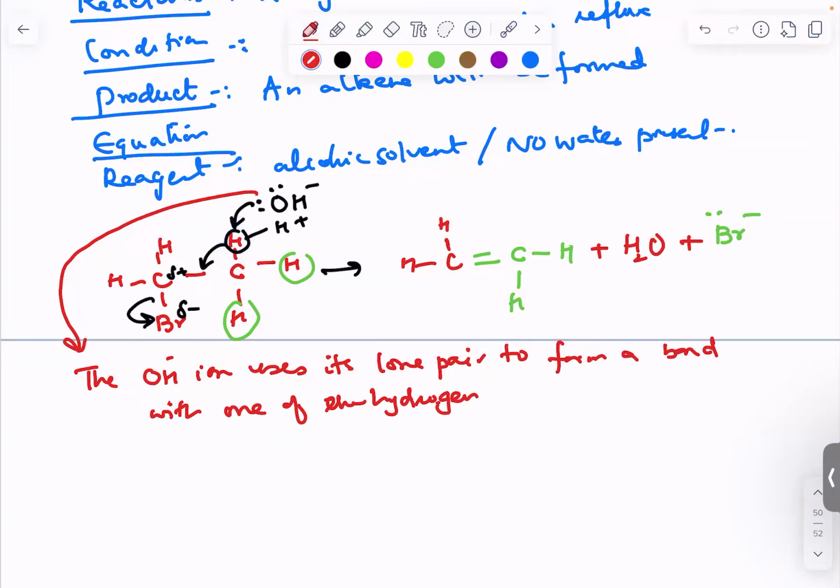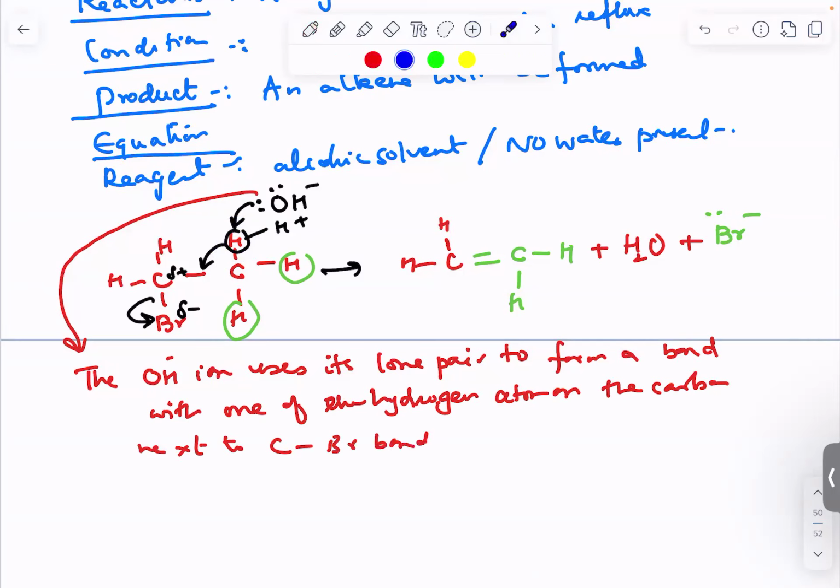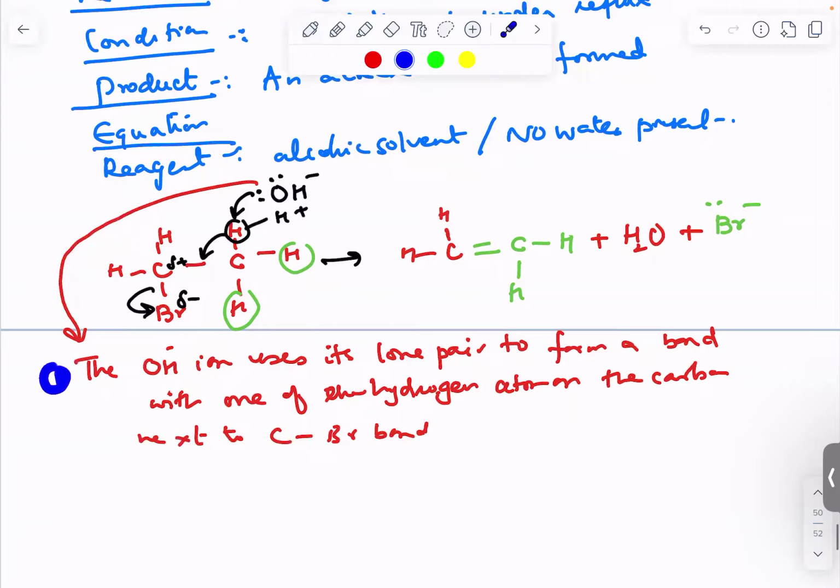So one of the hydrogen atoms on the carbon next to the CBr bond. Which CBr bond? So this hydrogen is on this carbon, which is next to the carbon, CBr bond. All right, beta. So now the next step, this is the first one.